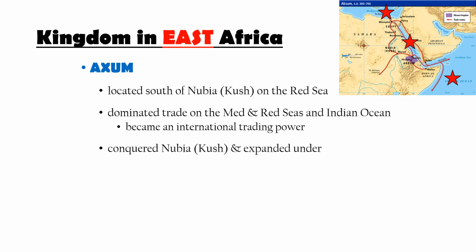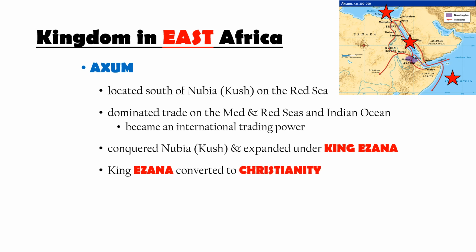They eventually got wealthy enough and powerful enough to conquer Nubia Kush and were able to expand under the leadership of a king by the name of King Ezana. King Ezana ruled Axum and eventually converted to Christianity, which was surprising because most of the people close to the Arabian Peninsula in the Middle East had become Islamic.